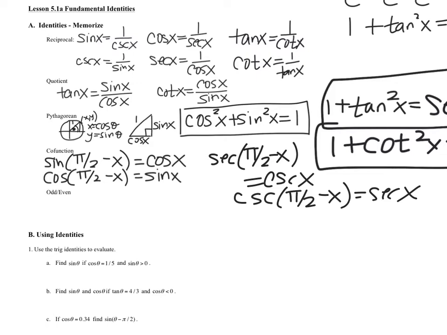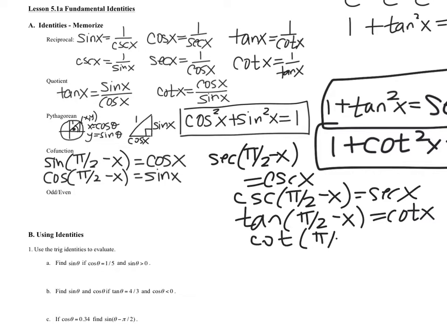Same thing. So the tangent of pi over 2 minus x is cotangent of x, and cotangent of pi over 2 minus x is tangent x. There you go. So you need to know those. And that's just the graph. You can remember those pretty easily. Sine and cosine are a shift. Secant and cosecant look the same, but they're just a shift, and same thing with tangent and cotangent.